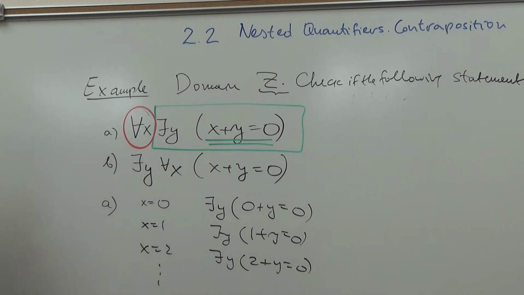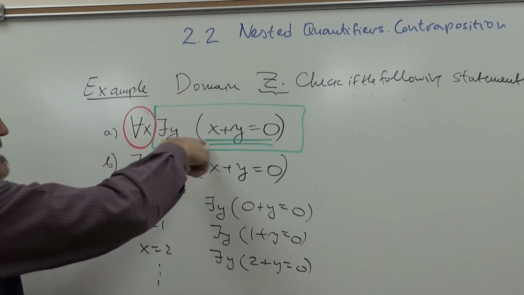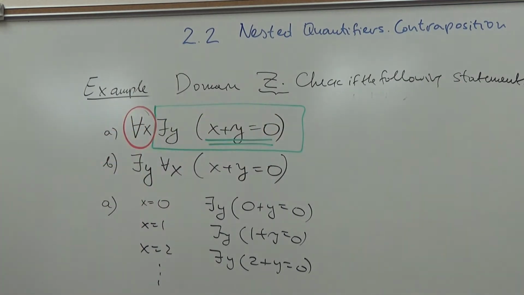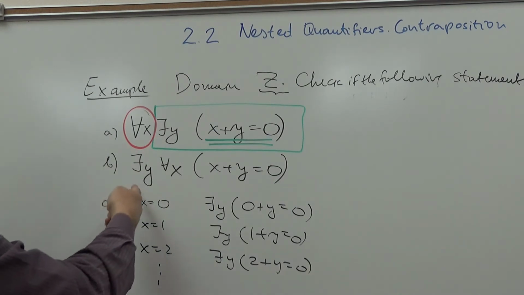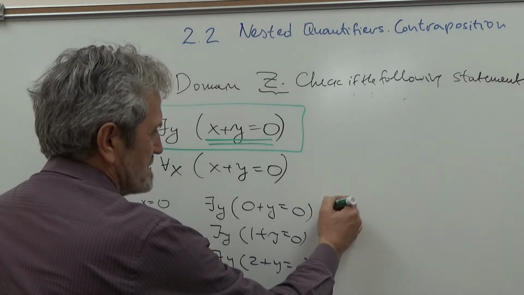And so on. So when we ask you to decide if this sentence is true or false, we are asking you to check if all these sentences are true. If we have a way to test them all in a generic way, then what do we say? The answer for this one is yes.